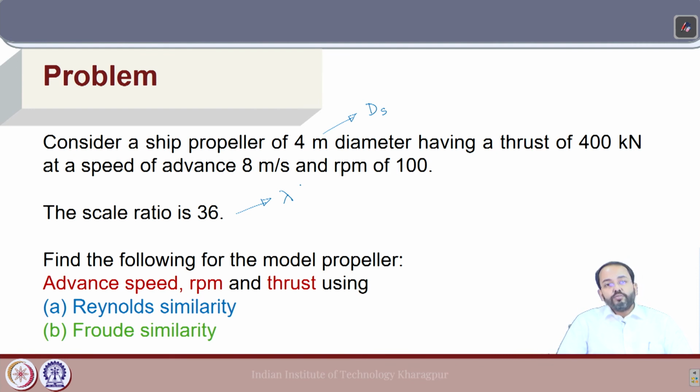So, you are asked to calculate the advance speed, RPM and thrust of the model propeller using Reynolds similarity and Froude similarity separately. Okay. So, we have the diameter, advance velocity, RPM and thrust for the ship propeller given, and we have to compute these values for the model propeller using two different similarities.